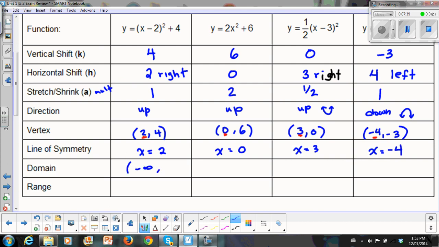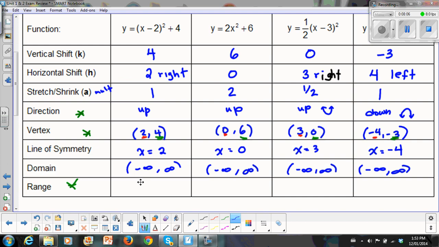Domain for all parabolas is always the same. You might want to write a note that it's always -infinity to infinity, because parabolas continue forever. And range is always based on the y value of the vertex, and whether it is opening up or down. So range has to do with the vertex and the direction.